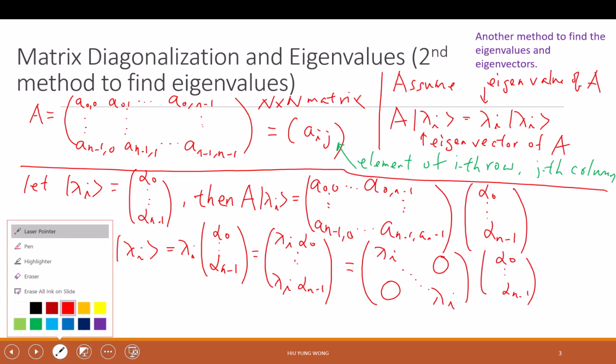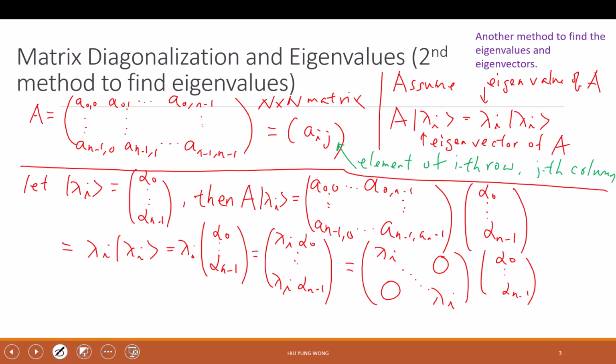But this is nothing but just equal to lambda I times an identity matrix, and then times lambda I. Now, I could have just said this at the beginning. I mean, I'm taking you around to tell you something trivial. But I want you to appreciate this multiplication and the relationship between the elements.